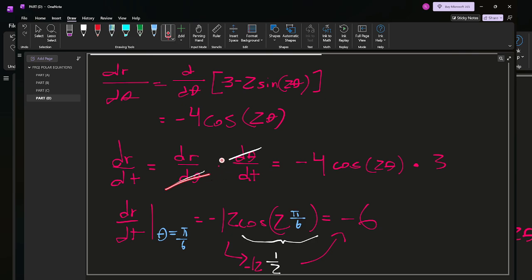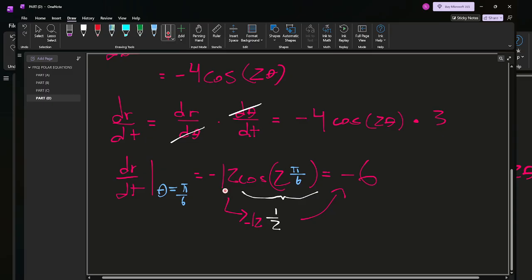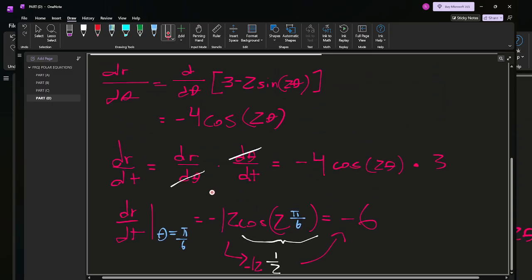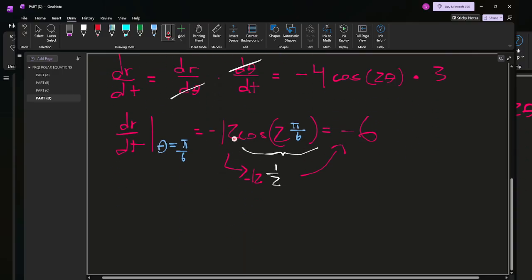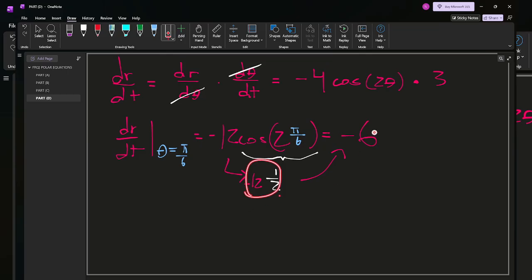You cancel out the d thetas, which gives negative 4 cosine 2 theta times 3. And then when you plug in theta equals pi over 6, negative 12 cosine of 2 pi over 6 is equal to negative 6.